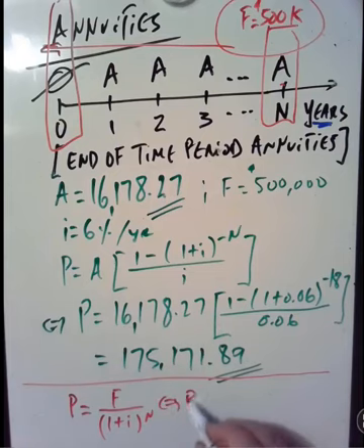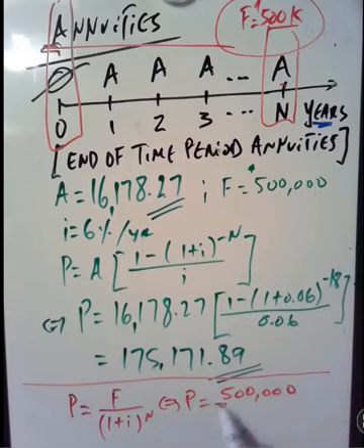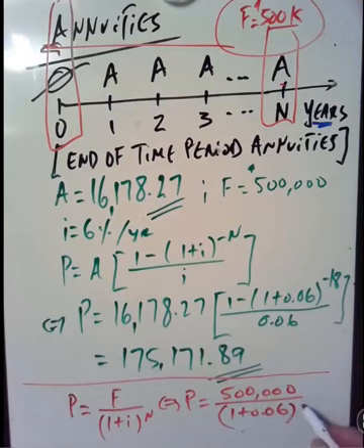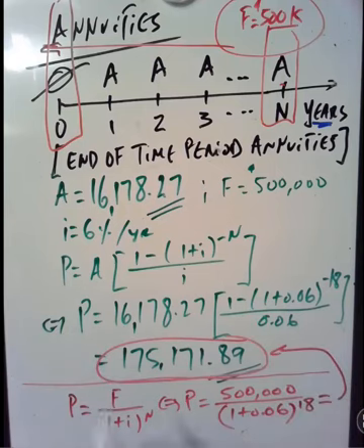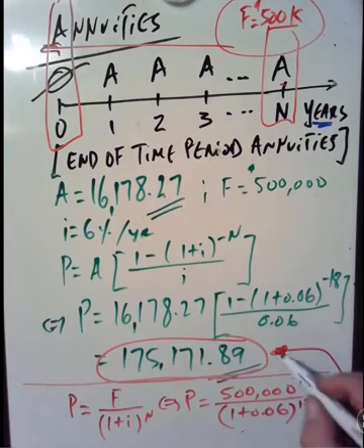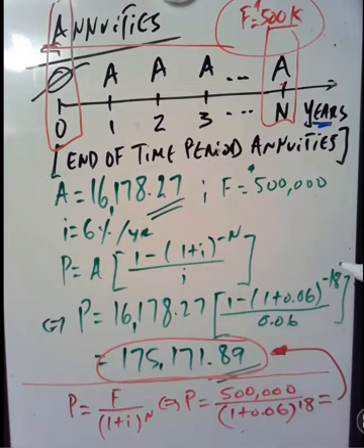I knew that 500,000 was the future value, the interest rate was 6%, and n was 18. This would be exactly equal to the $175,000 we just computed using the annuity. We could have used the future value and computed the present value.